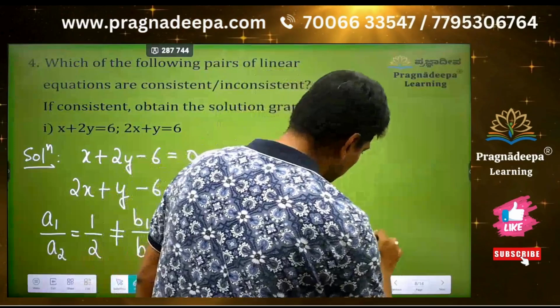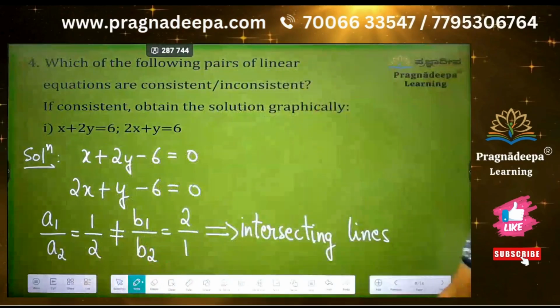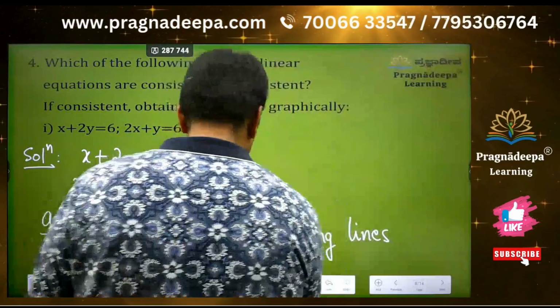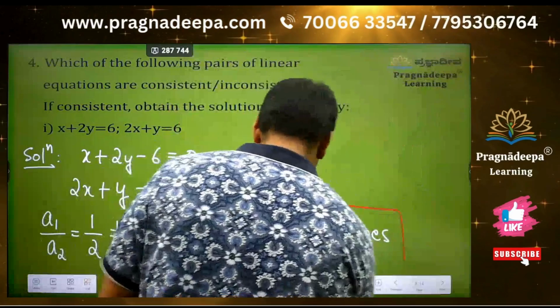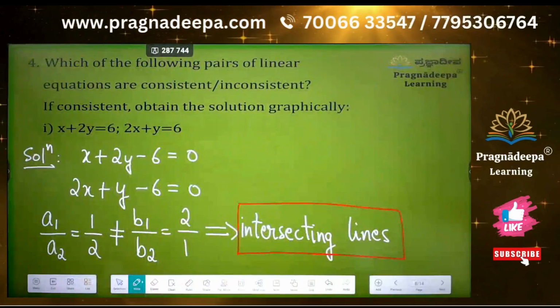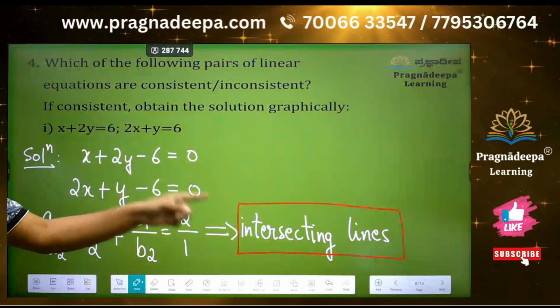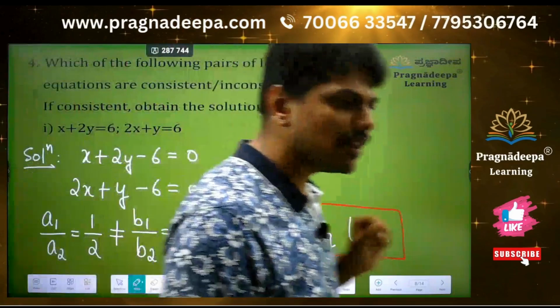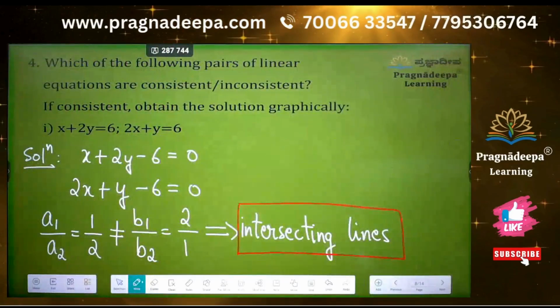Intersecting lines means what, students? Is it consistent? And the problem expects us to draw the graph if they are consistent, correct? So should we draw these two equations on the graph sheet? Yes or no?